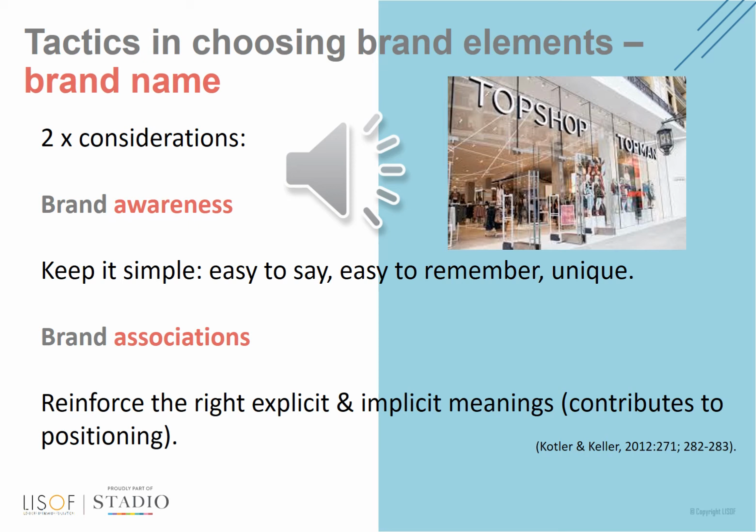Then secondly, for brand association, we want to be able to reinforce the right explicit as well as implicit meanings, which are the obvious and the not so obvious meanings behind the brand name, which then contribute to the positioning of the brand. So the brand name must contribute to the positive perception of the brand.